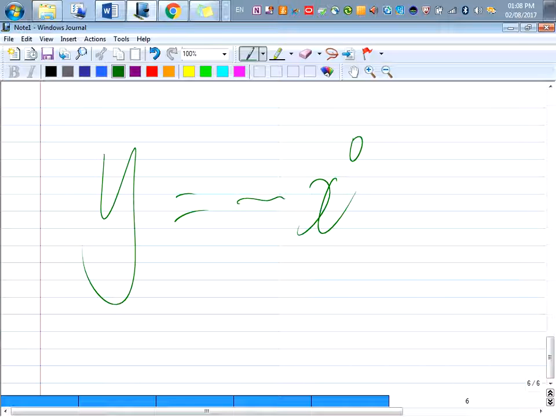Yes, you have to label a graph. Y-intercept, the value. Still wrong. One more step. What is the y-intercept? Still wrong.